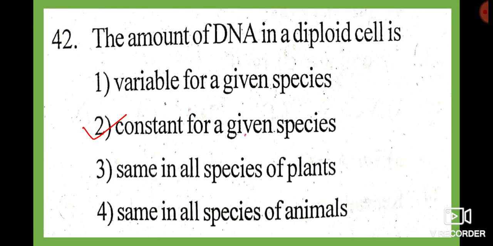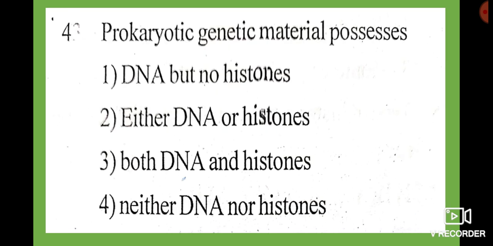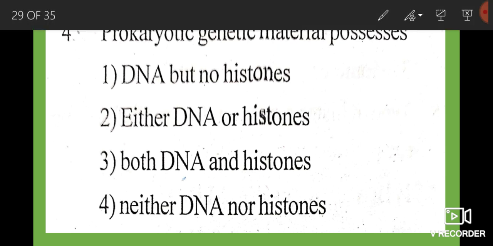Question number 43. Prokaryotic genetic material possesses. The right option is 1, DNA without histones.